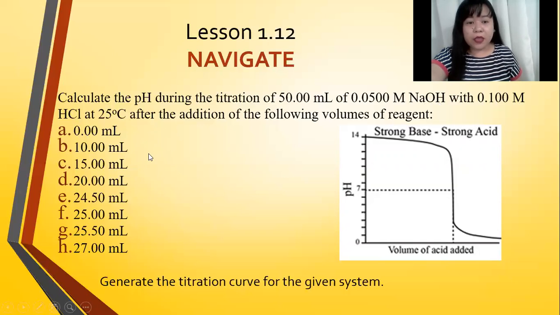You'd still have to subtract from 14 to give you pH. On the other hand, after the equivalence point, the concentration of HCl would immediately give you the concentration of the hydronium ions. Therefore, getting the negative logarithm of that immediately gives you pH.